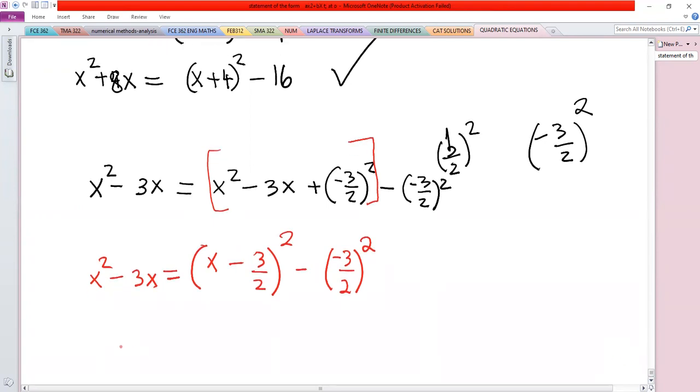Which can now just be written as x minus 3 over 2, squared, minus 3 over 2 squared, which is 9 over 4. So that's what we have. So this is the required expression.